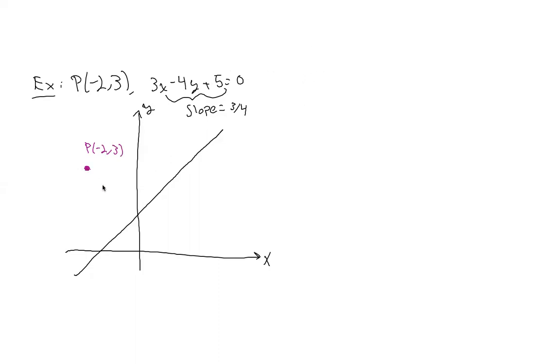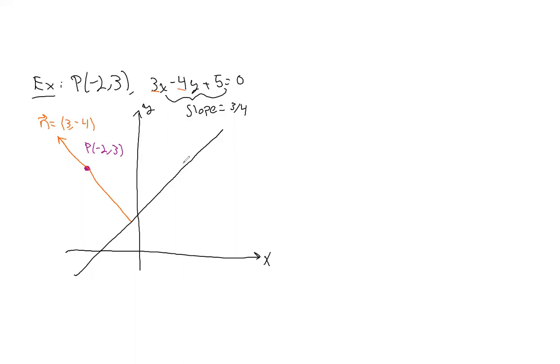And we have our orthogonal vector, which I have called n in the past. I'm going to continue calling it n now, which is the vector (3, -4), coming from the same 3 and the same -4 from the line equation.